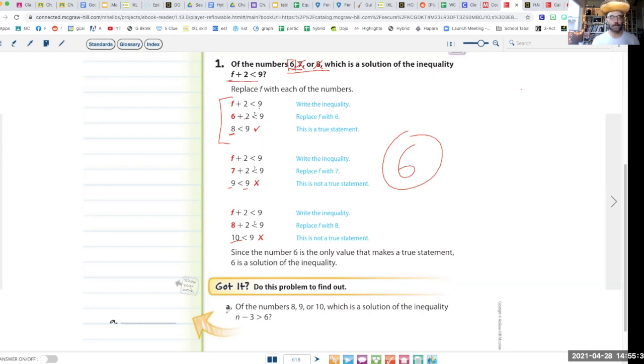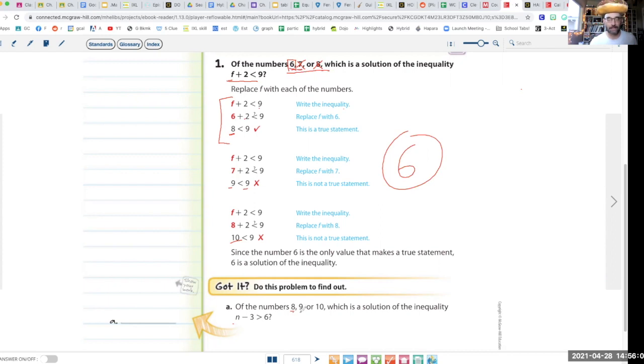All right, so now you guys try letter A down at the bottom. Of the numbers 8, 9, and 10, which is the solution to n minus 3 is greater than 6? So you're going to replace the n with an 8, a 9, and a 10, and see which one of those, or it could be more than one, which ones of those work. Ready, go. All right, so you should have figured out that if it's an 8, 8 minus 3 is 5. 5 is not greater than 6.